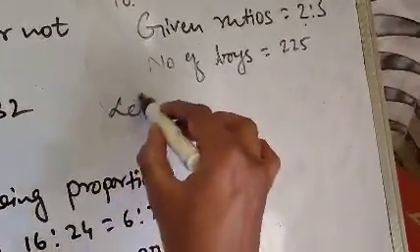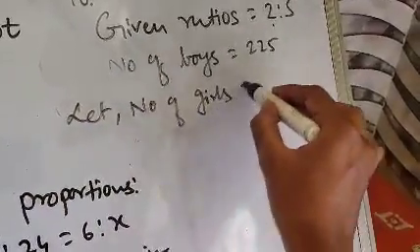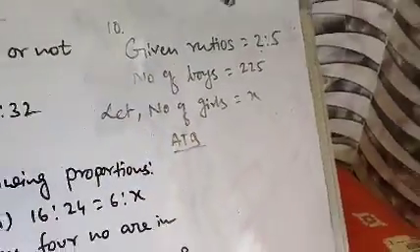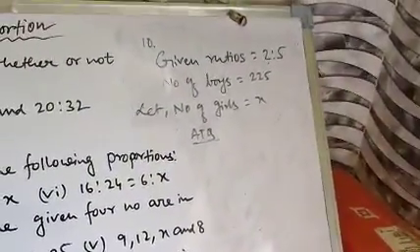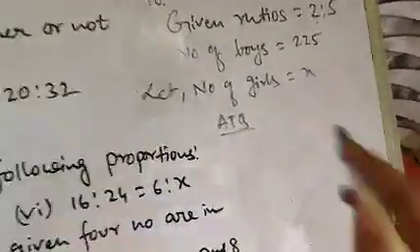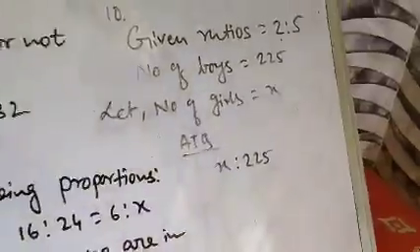So let number of girls be x. According to the question, number of boys is 225 and number of girls is x. So we can write the ratio of girls to boys as x is to 225.